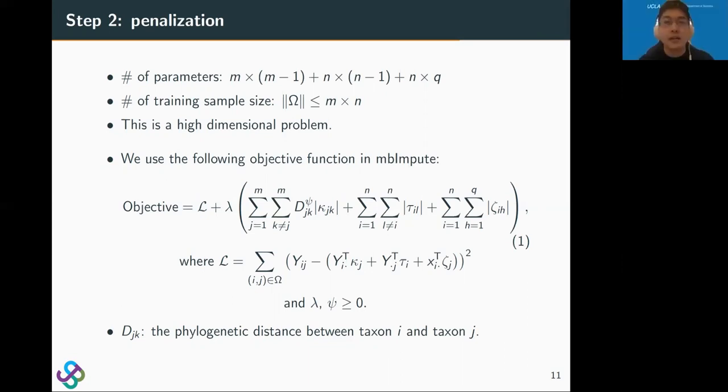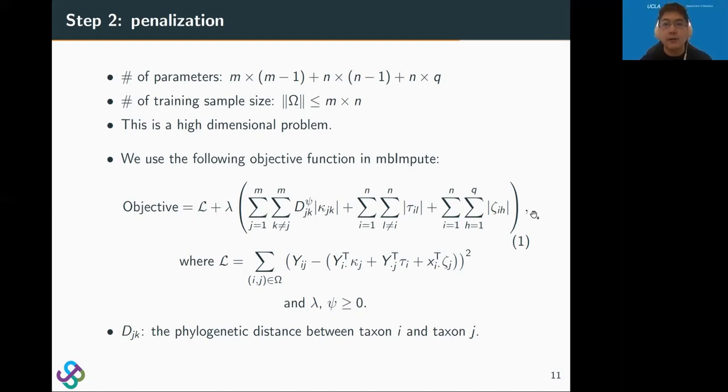When you incorporate that distance matrix into the lasso regression, are you trying to say that if two taxa are close together, which means the distance is very small, they are more evolutionarily connected?